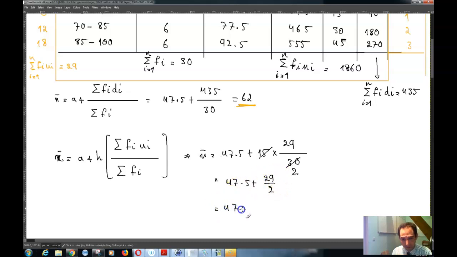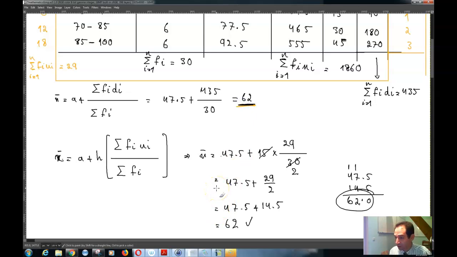That's 47.5 plus 14.5, which is equal to 62. That is equal to 62 again, the approximation that we got in this case over here. So that's again the same thing, but much simpler.